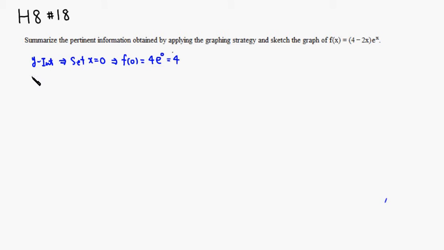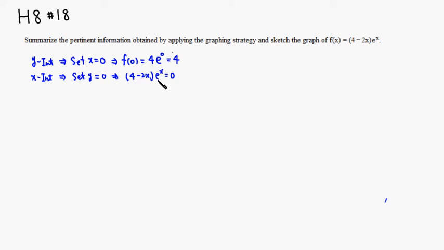And if you're looking for the x-intercept, then we set y equal to 0. So we set the whole function equal to 0: 4 minus 2x times e to the x equals 0.